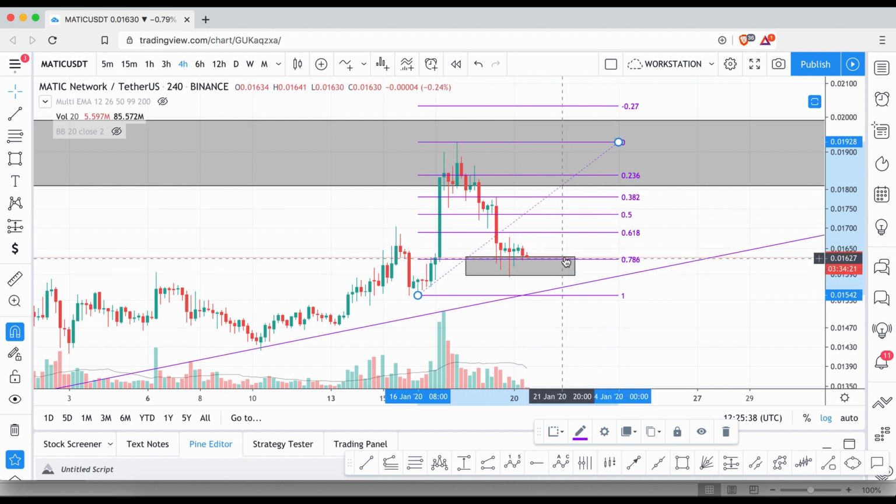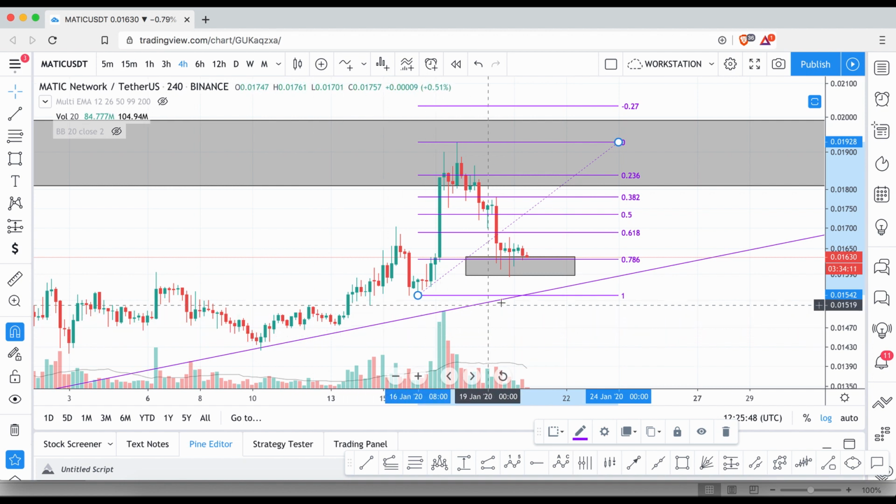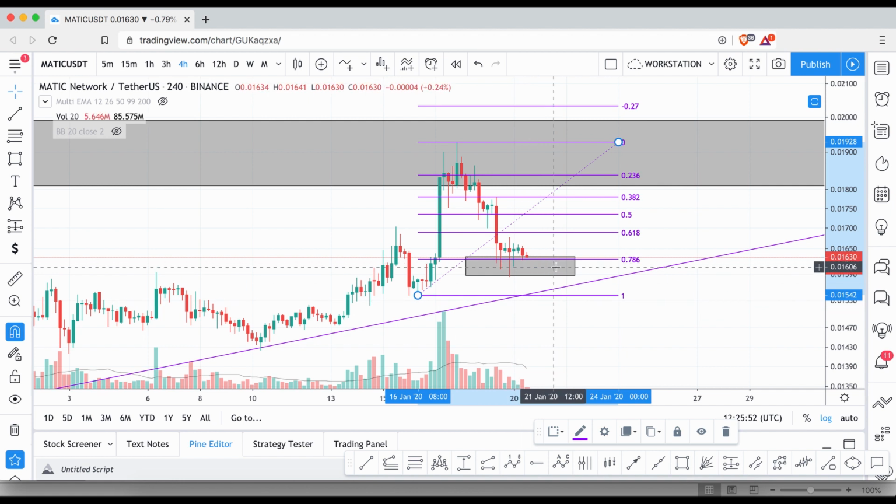So that's also a good sign that this area is acting as support. Now take also in mind that we have here right under also this trend line, and it is currently not touched yet. So if we fall down, perhaps we will touch this trend line once more. But for now, it seems like this area is holding up perfectly.